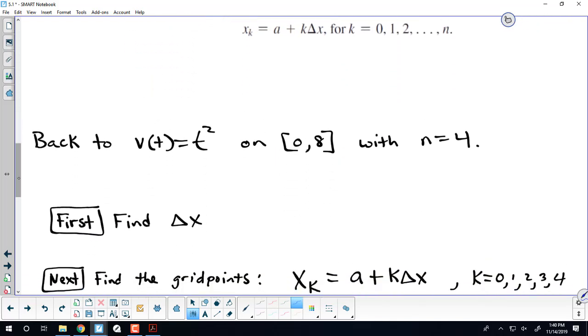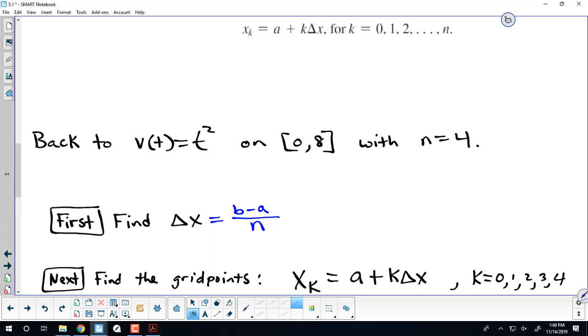The first thing we want to do is find delta x, which is simply b minus a, the total length of the interval, divided by the number of rectangles you're putting in there. Again, delta x is the length of each rectangle.